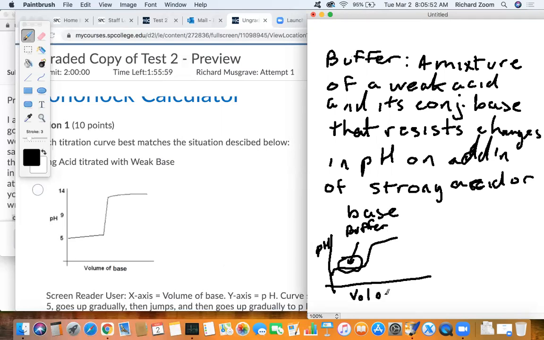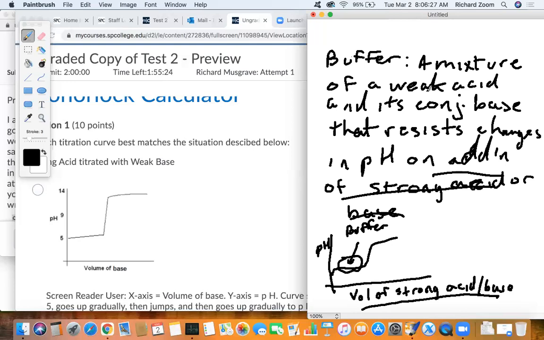So this axis is always going to be volume of strong acid or base, because that's the definition of a buffer region: a mixture of a weak acid and its conjugate base that resists changes in pH on addition of strong acid or base. That's really the important part here.